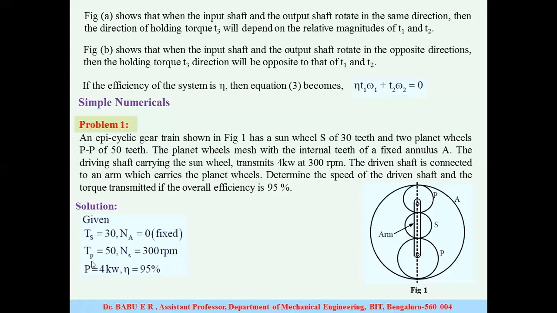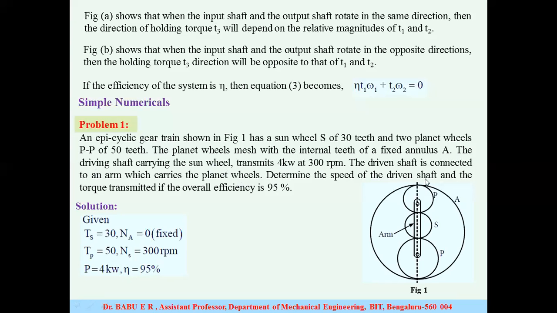Number of teeth on the planet wheels is 50. The sun wheel rotates at 300 rpm and transmits 4 kilowatt, so power is 4 kilowatt, speed of sun wheel is 300 rpm, and efficiency is 95%.